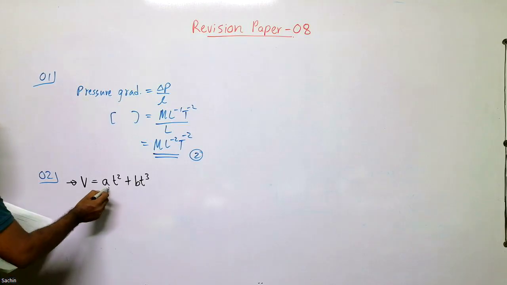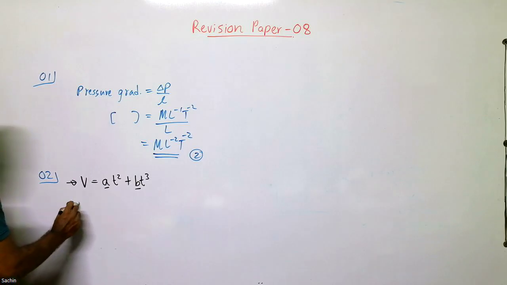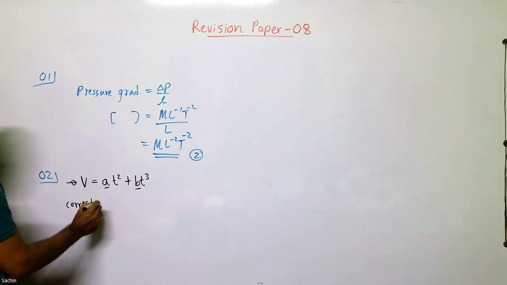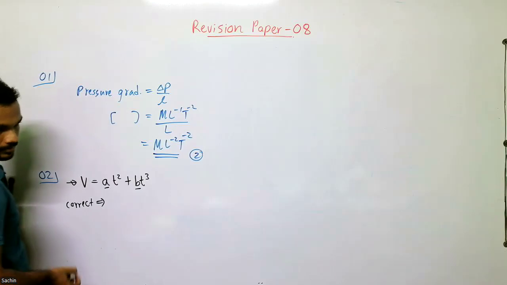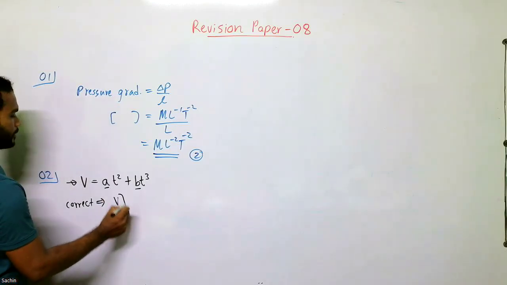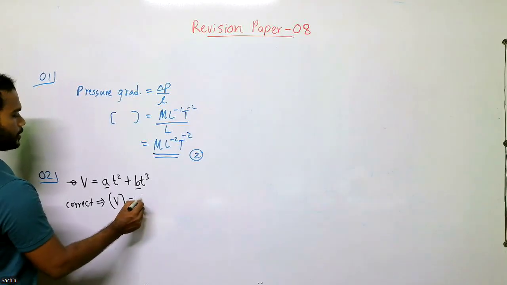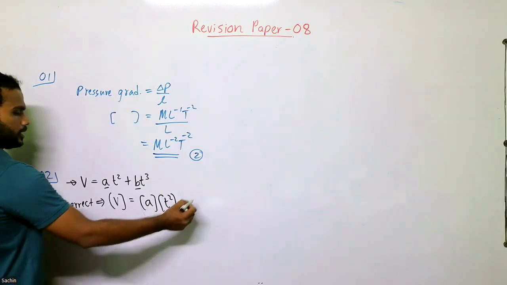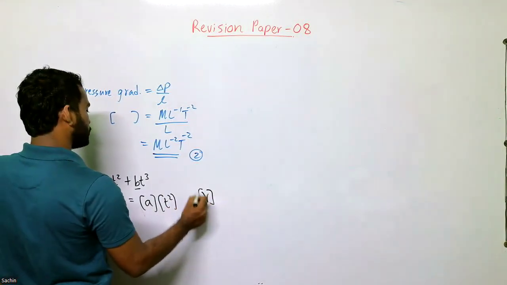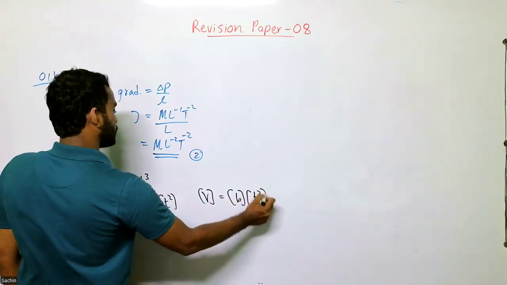They are asking what should be the units of these constants a and b. If this equation is correct, all terms of the equation should have the same dimensions, right? Like preliminary stuff. So the dimensions of v should be equal to the dimensions of a times the dimensions of t squared, and the dimensions of v should also be equal to the dimensions of b times the dimensions of t cube.